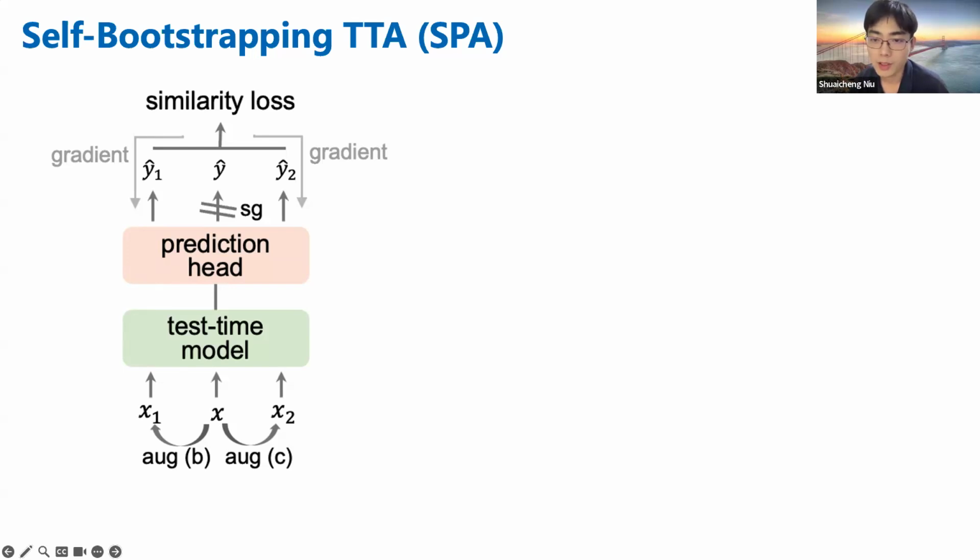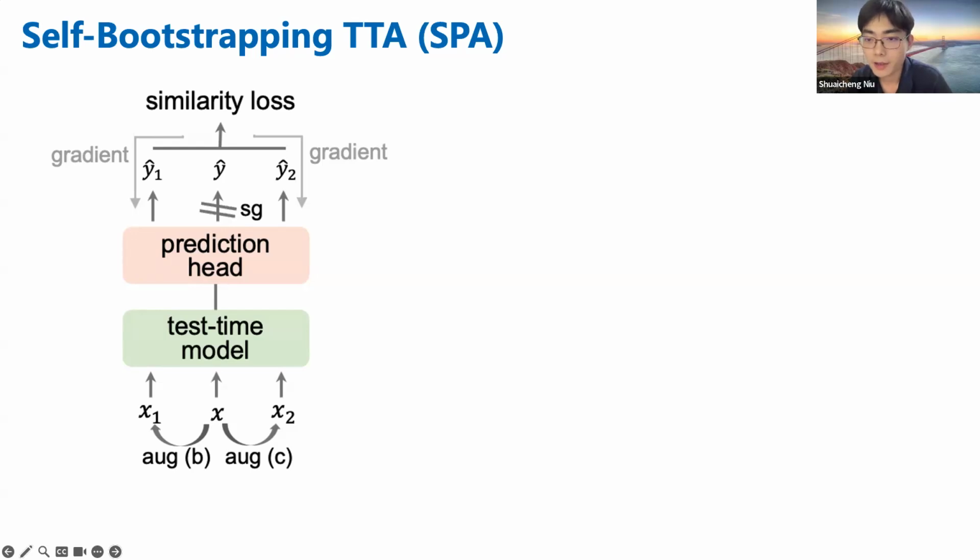Then we use the prediction ŷ of the original image, termed the strong view X, as the target, and encourage ŷ1 and ŷ2 to be consistent with ŷ via a similarity loss. So this process enhances the predictions of the weakly augmented or deteriorated image views, and in turn, this feeds back and improves the original predictions through shared model parameters.